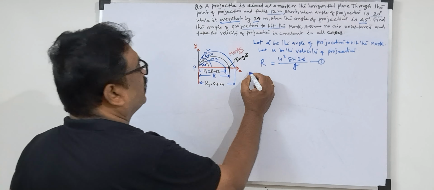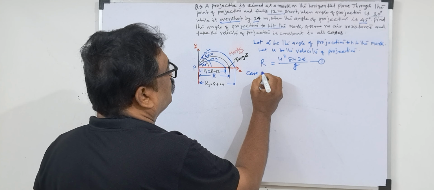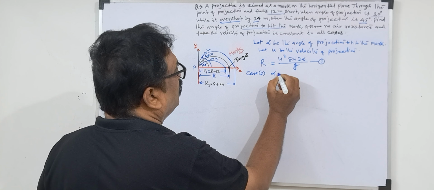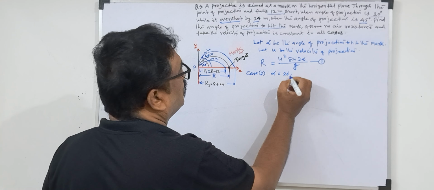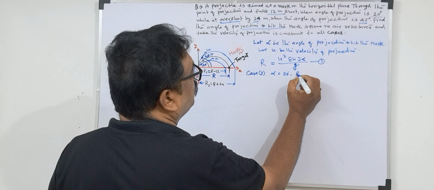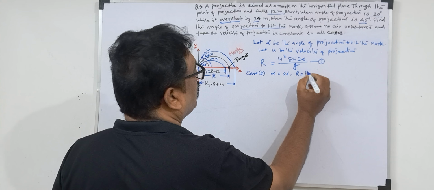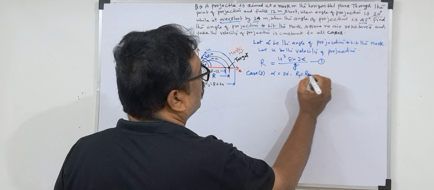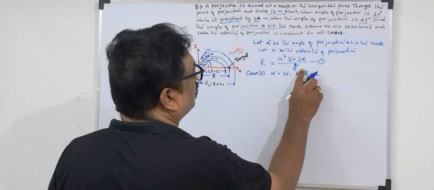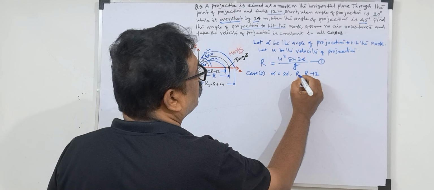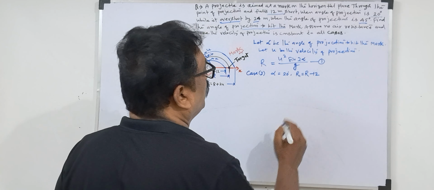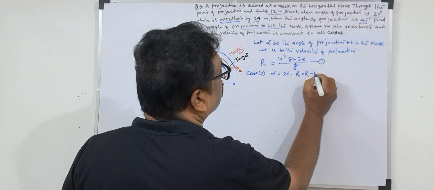Then what does case 1 give? Case 1: if the angle of projection is 20 degrees, then the range R1 becomes R minus 12. So range 1 in case 1 is R minus 12.